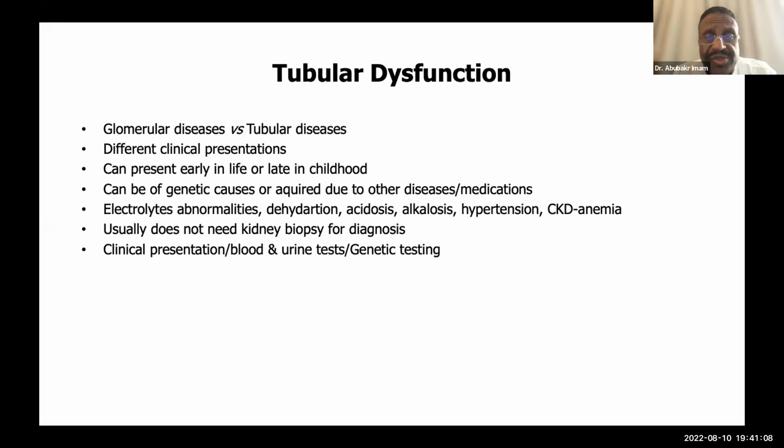Metabolic acidosis can be the presentation for these patients because part of the responsibility of the kidney is to control the acid-base balance, whether it's proximal tubular or distal tubular, and we're going to dive into this topic in a few minutes.